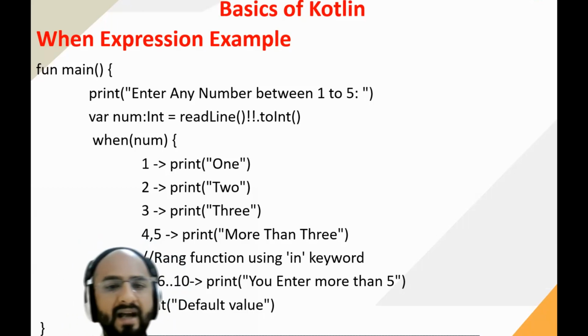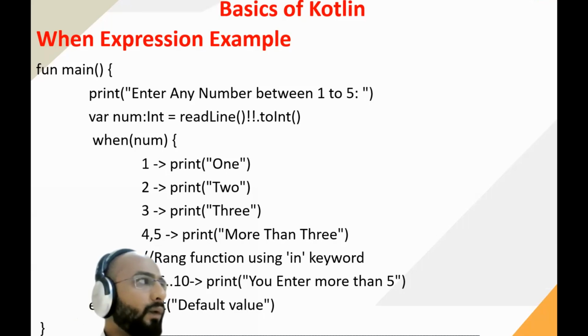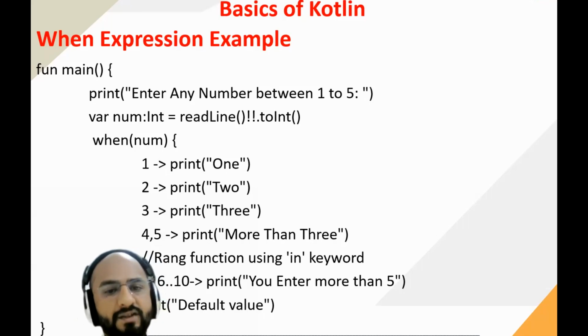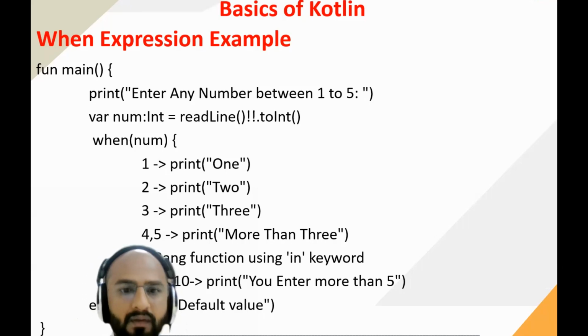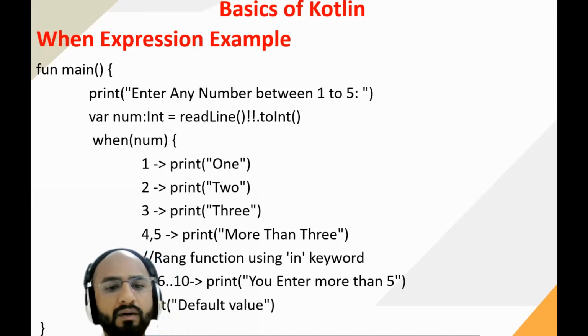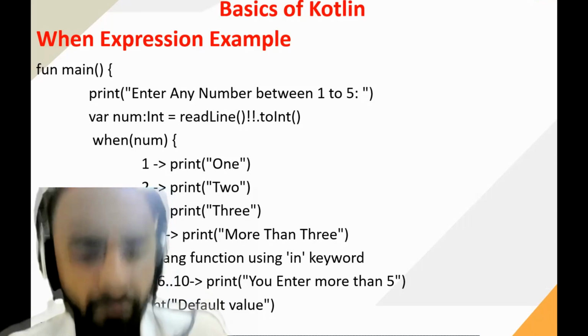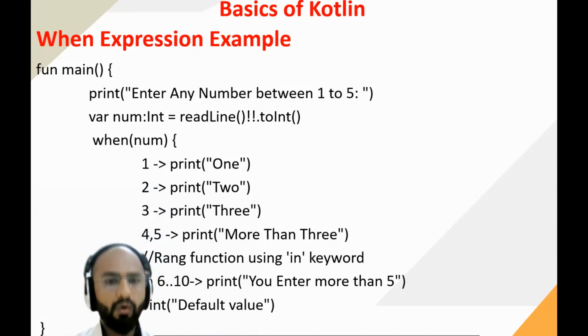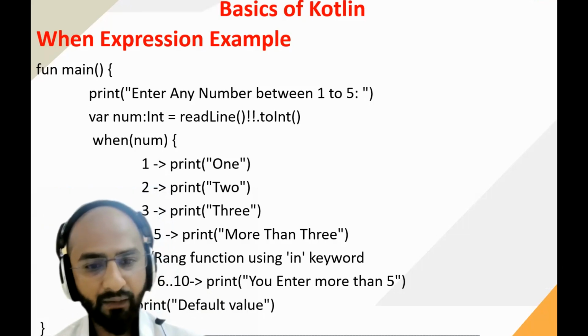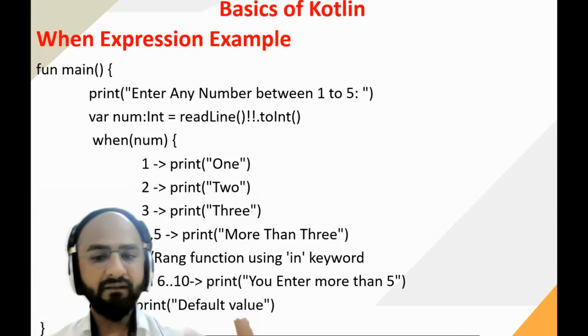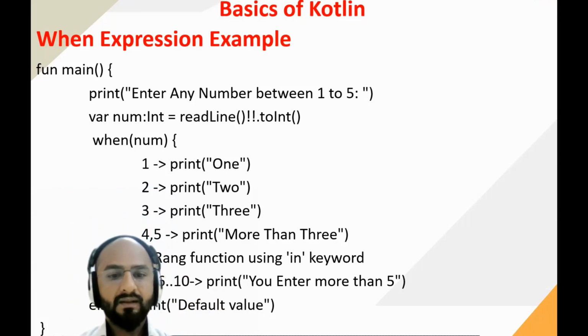And this is the syntax. By using that arrow sign, you can provide the case statement. 1 arrow, 2 arrow, 3 arrow, 4, 5 arrow. So if the number variable has 4 as a value, or 5 as a value, "more than 3" will be printed onto the console.